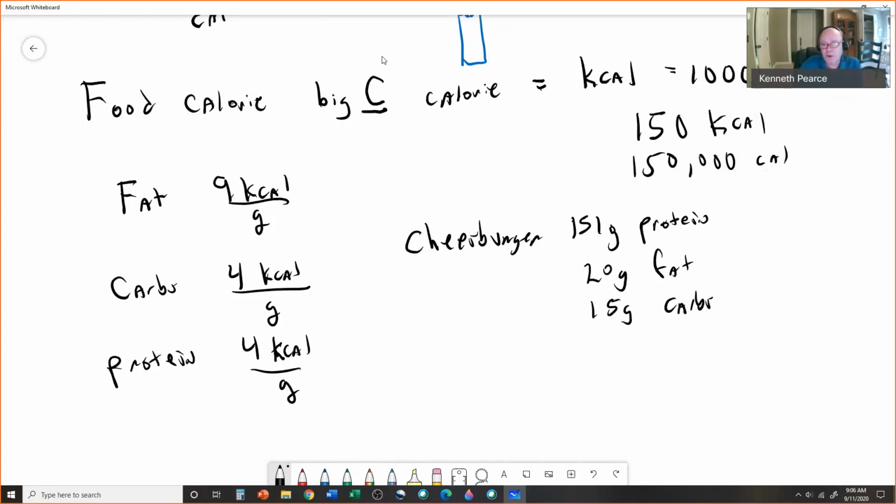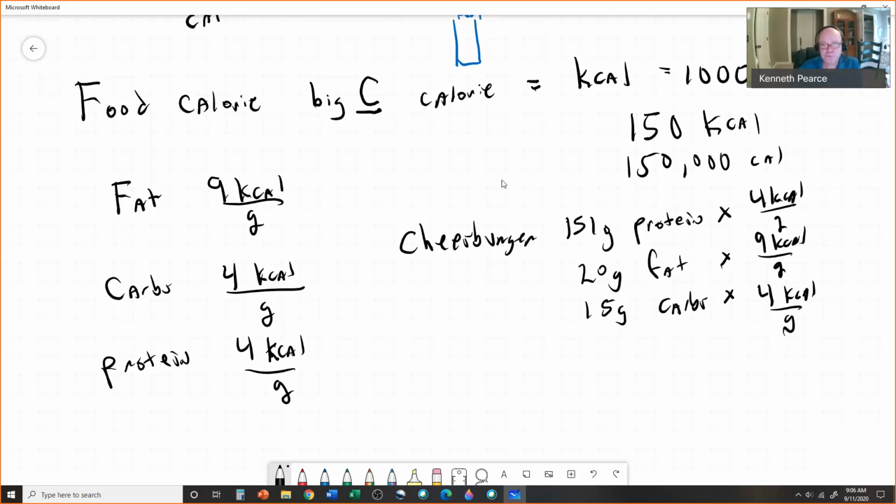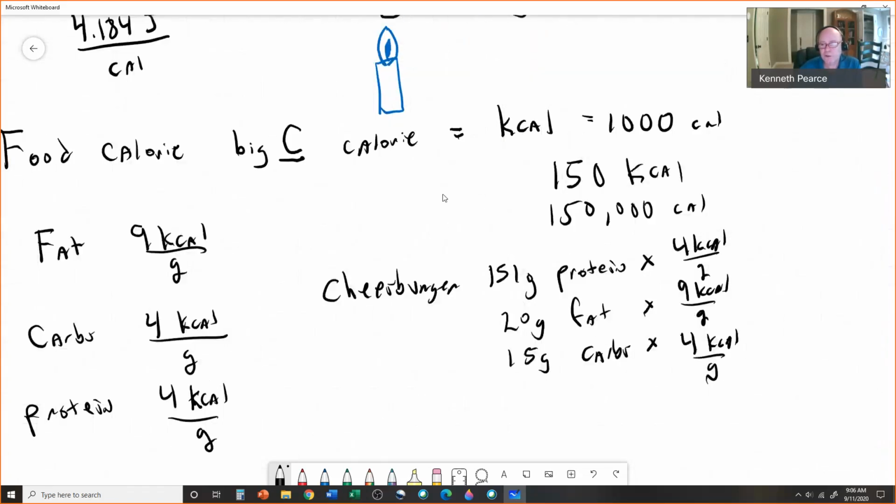You just multiply times the food value for each one. So protein is 4 kcals per gram. Fat: 20 grams of fat at 9 kcals per gram. And then carbs is 4 kcals per gram. And all we have to do is put this in our calculator and add them up, and we have the total kcals for that cheeseburger.